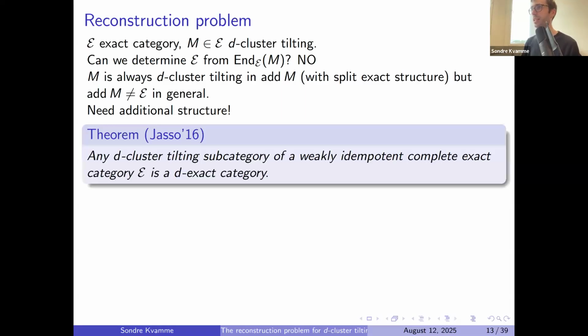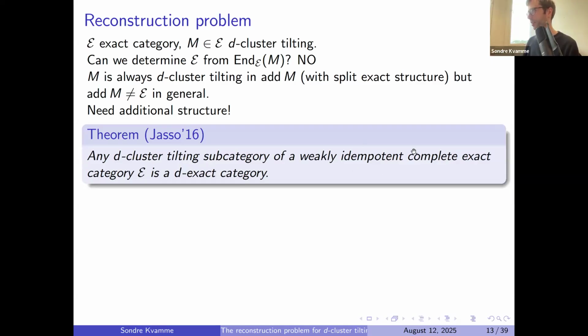So he introduces the notion of a D-exact category. A D-exact category is an additive category together with an additional structure, which I will get back to later, in the same way as an exact category is an additive category with additional structure. He shows that any D-cluster tilting subcategory of a weakly idempotent complete exact category is a D-exact category.